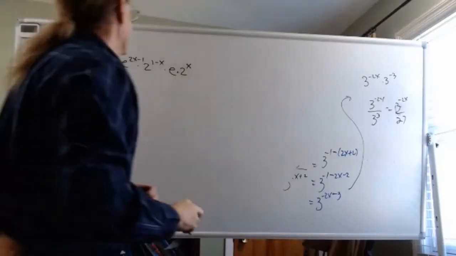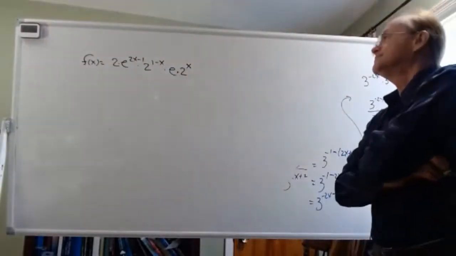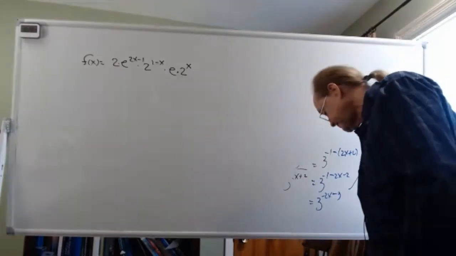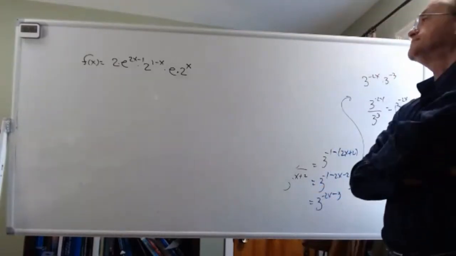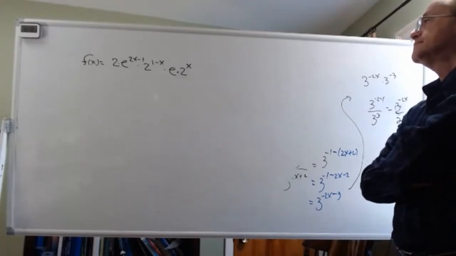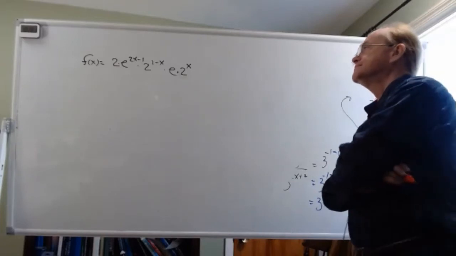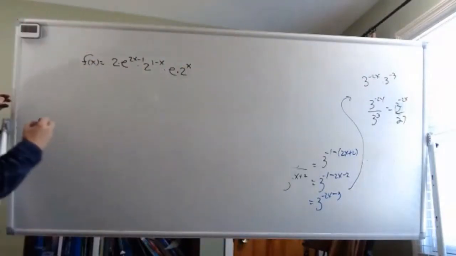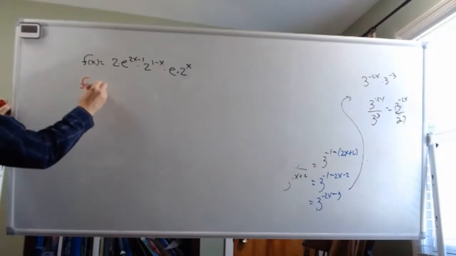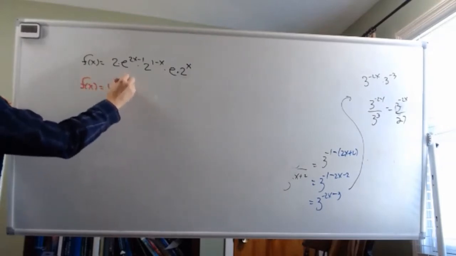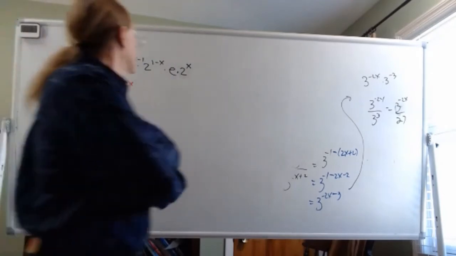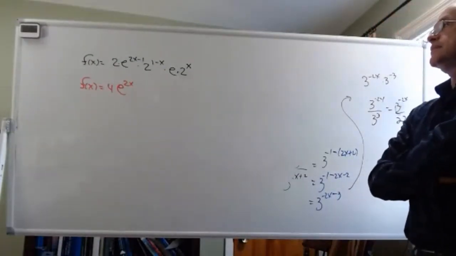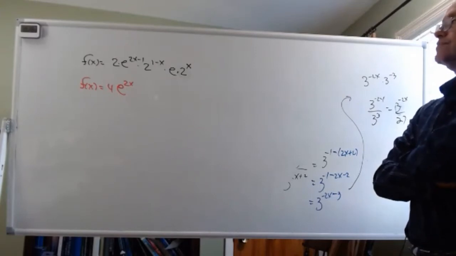So see if you can simplify that all together there. It's a lot easier to write 4e to the 2x than it is to write all that mess.